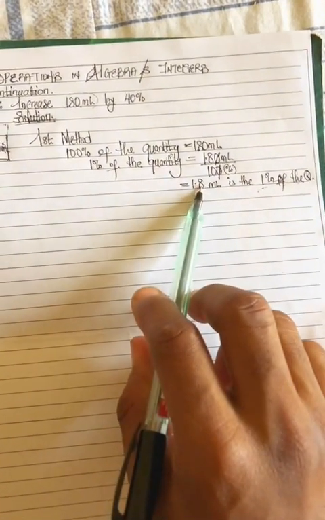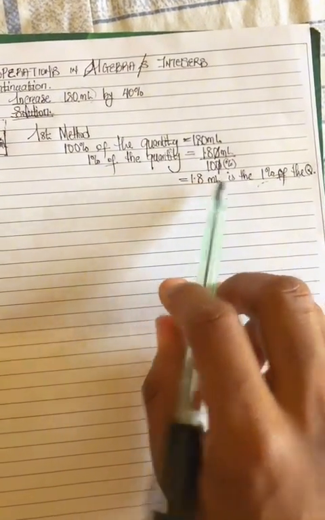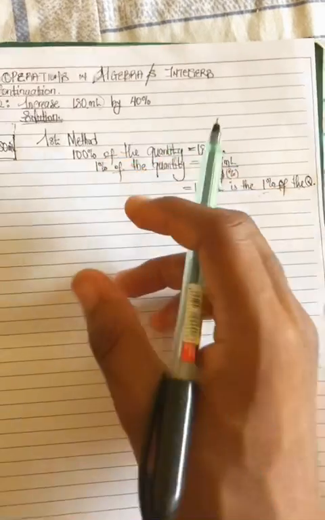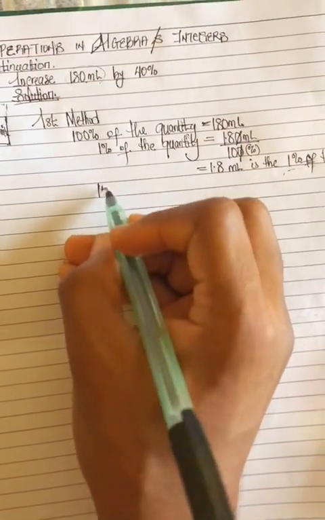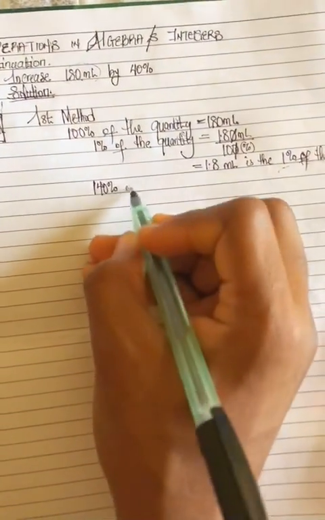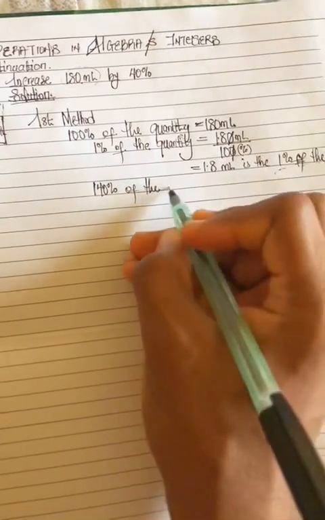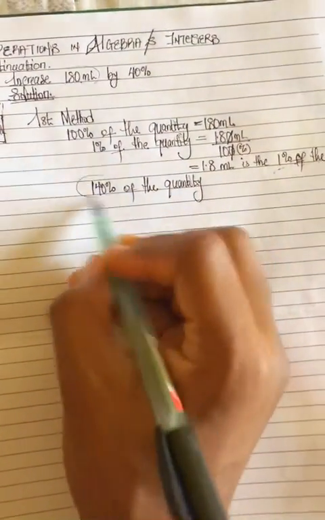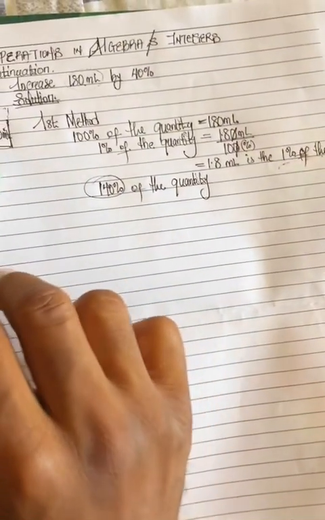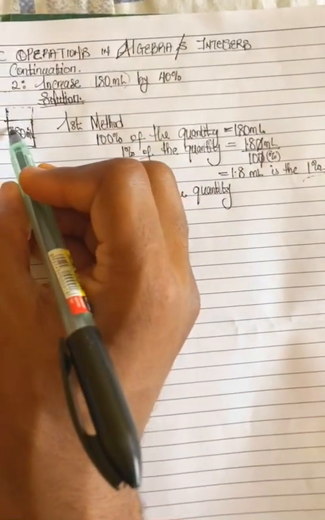So now I have 1.8 as the ml. All I have to do is just to multiply it by 140, because I know that I want 140% of the quantity. And why am I using 140%? I know 100% is this item here.